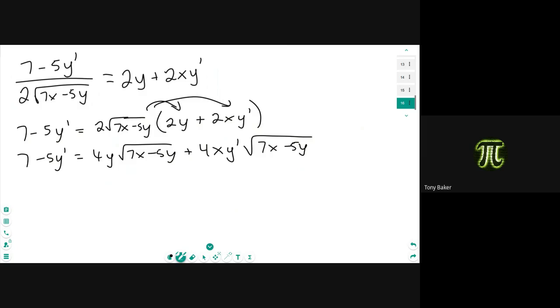Okay, next step. The terms with y prime on one side of the equation.